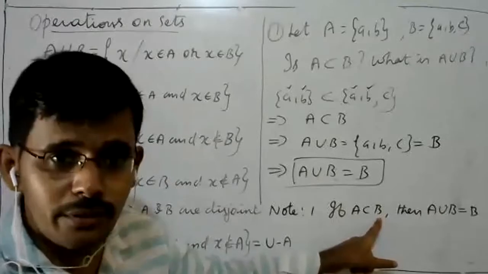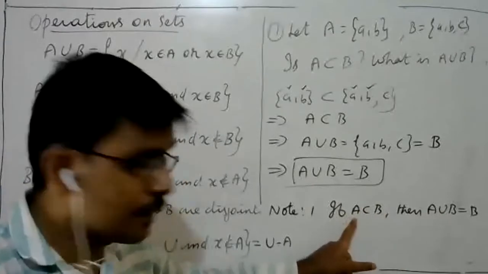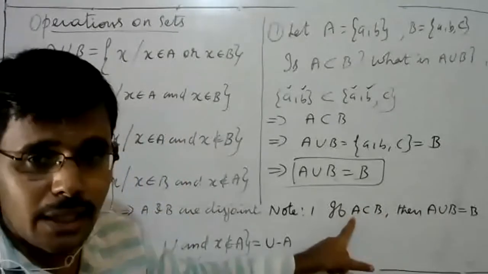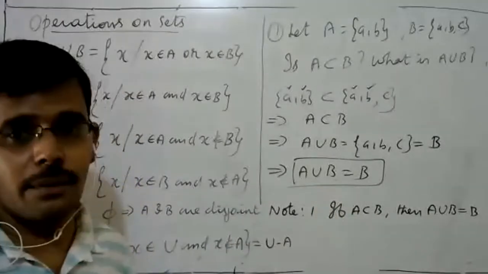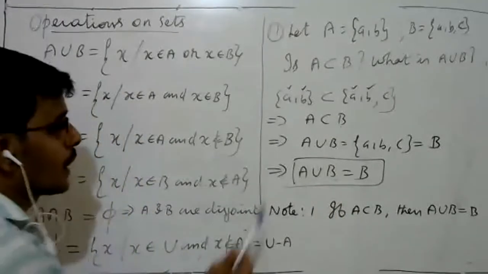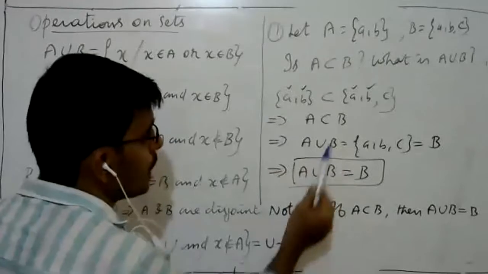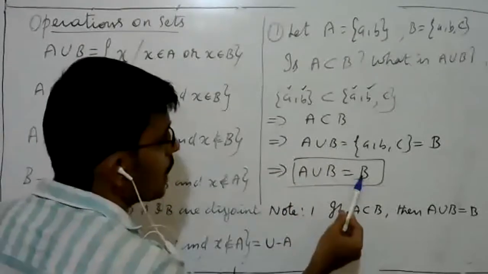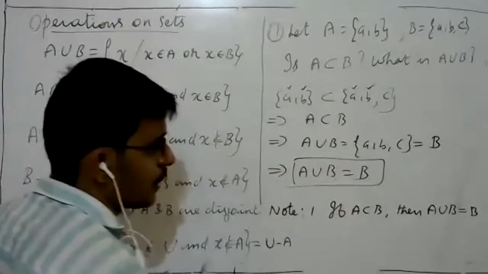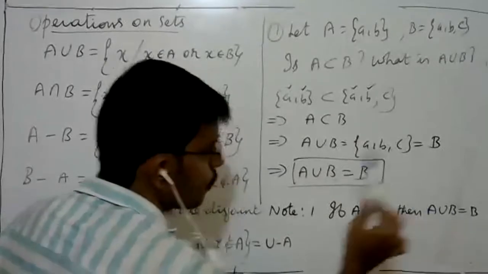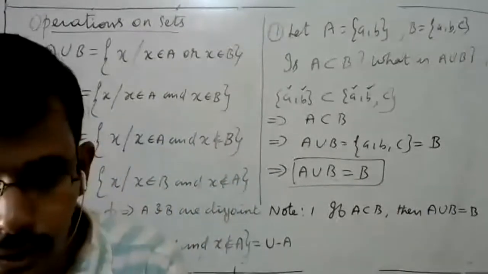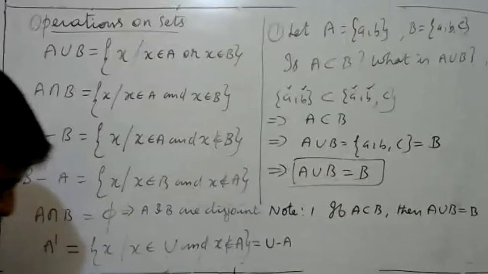This is called the superset and this is called the subset. A is a subset of B, B is a superset of A. I repeat: if A is a subset of B, then A union B is B, the superset. This is an important note.